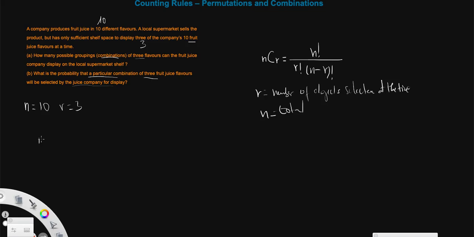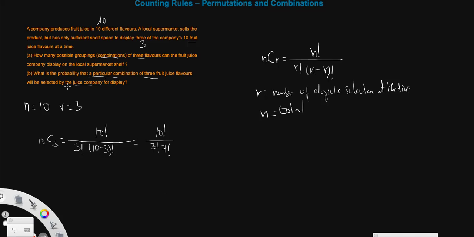Then you'd write the combination of this will be equal to 10 factorial over 3 factorial times (10 minus 3) factorial, which is equal now to 10 factorial over 3 factorial and 7 factorial.